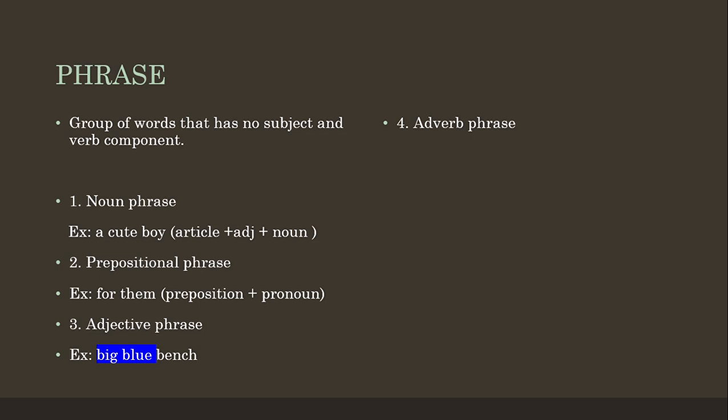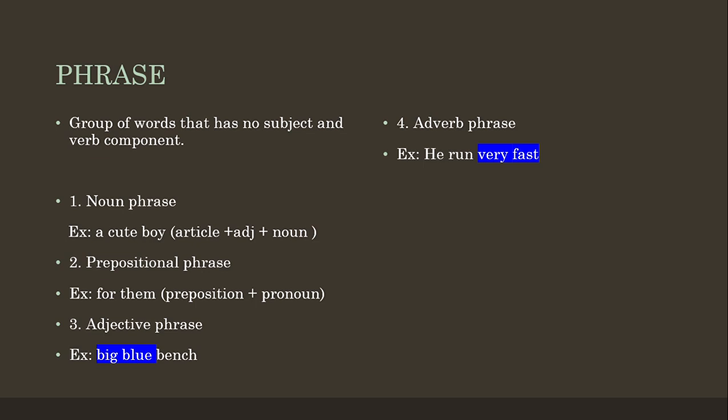Number four is adverb phrase. The function of an adverb phrase is just like an adverb, and we know that the function of an adverb is modifying the verb. So when you see a sentence like this, he ran very fast, the adverb phrase is only very fast, because the phrase very fast is modifying the verb run.